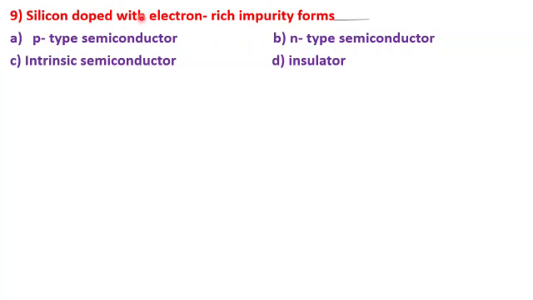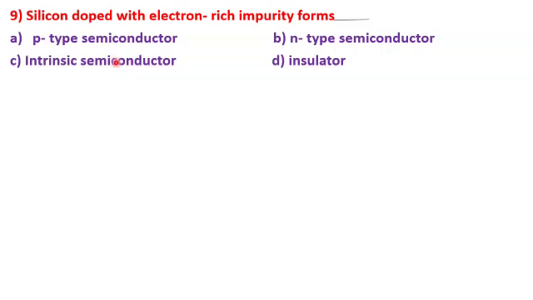You know that semiconductors can be classified into two types, intrinsic semiconductors and extrinsic semiconductors. Intrinsic semiconductors are those which show conductivity under some conditions, that is, at high temperature. For example, silicon can sometimes behave as a conductor.